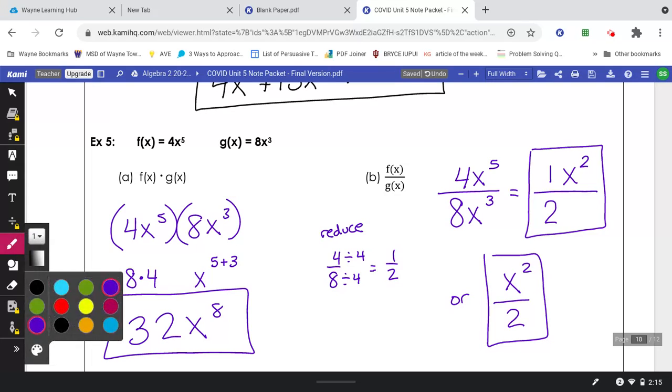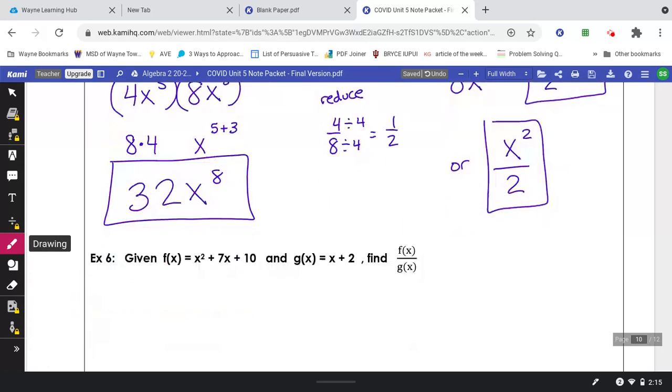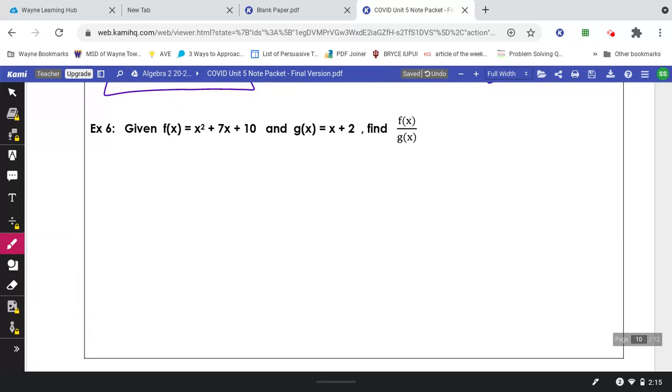All right, our last one, example number 6. They're asking us to divide f of x divided by g of x, or f of x over g of x. Now for this one, this is going to involve us to think back to what we did first semester when we did factoring.